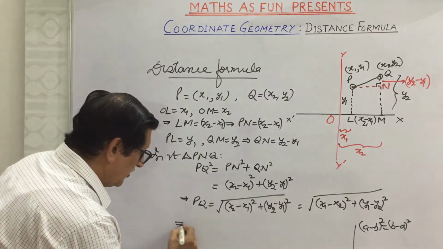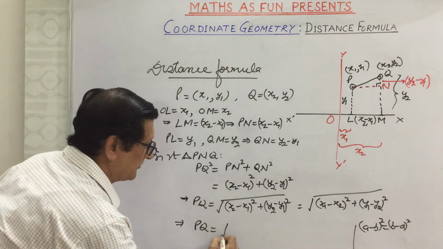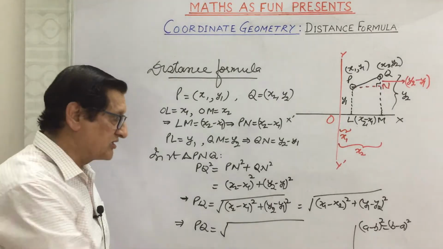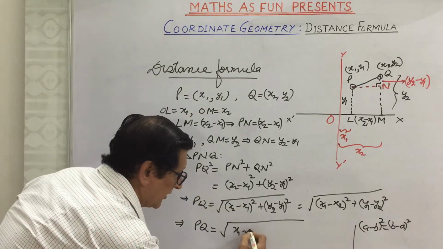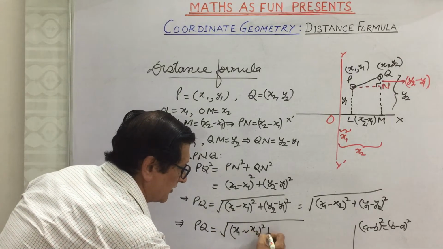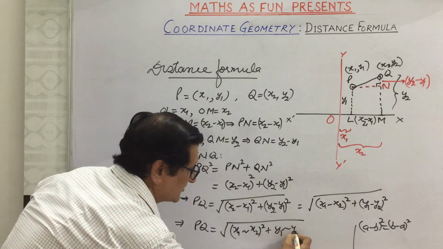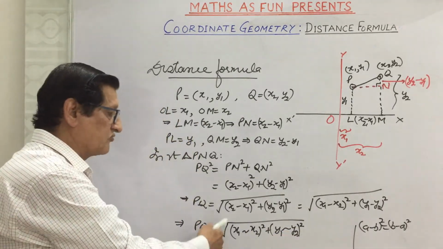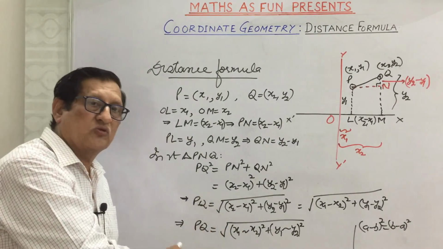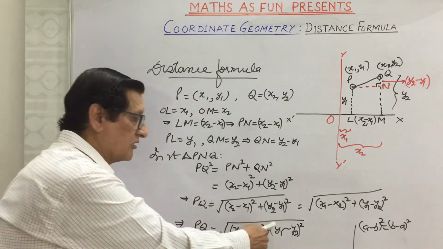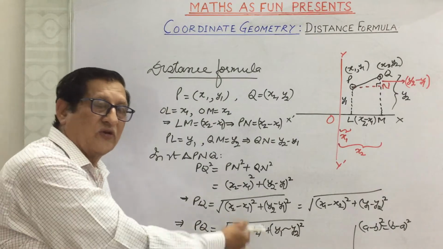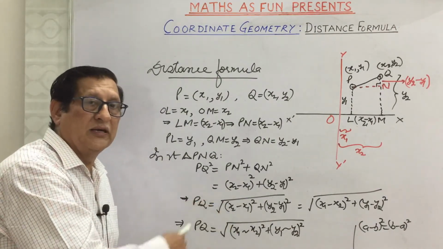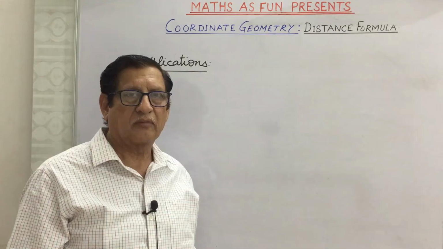Combining these two, we can also say that PQ can be remembered as x1 difference x2 square plus y1 difference y2 square. It means you use x1 minus x2 or x2 minus x1, y1 minus y2 or y2 minus y1, the answer will be coming same.